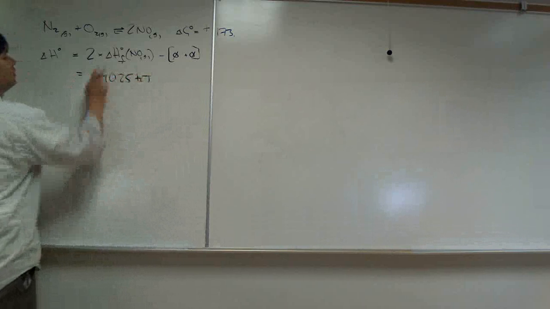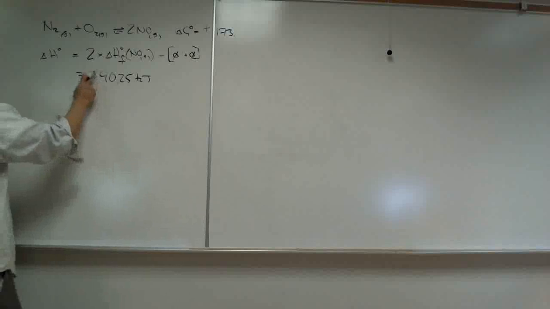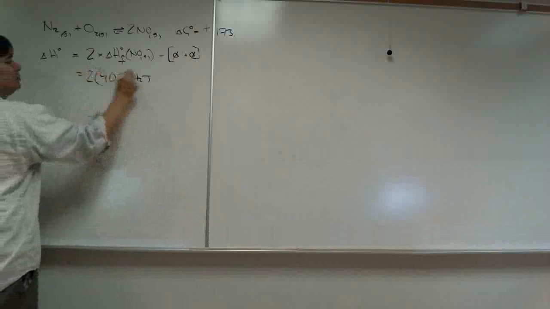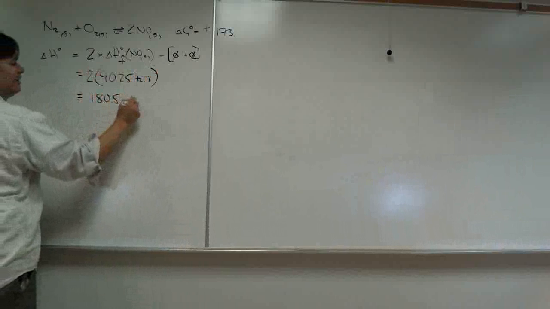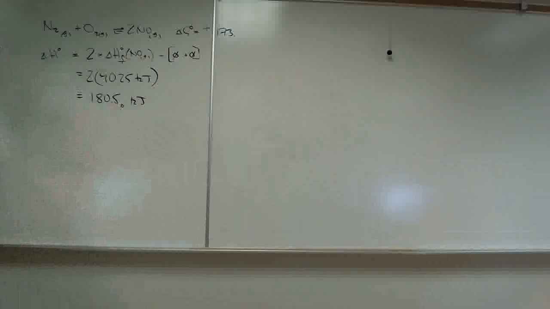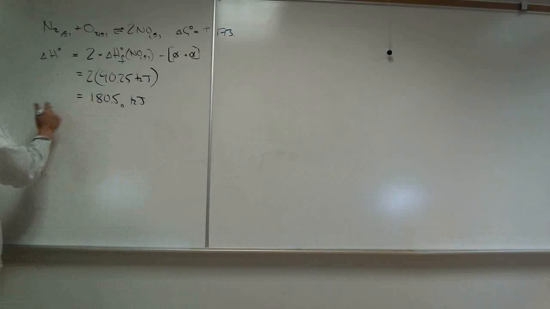Is that for 2 moles or for 1 mole? That's for 1 mole, so we have to multiply by 2. 180.5 kilojoules. And so that's endothermic. Endothermic is not a favorable reaction. And it's pretty positive here.